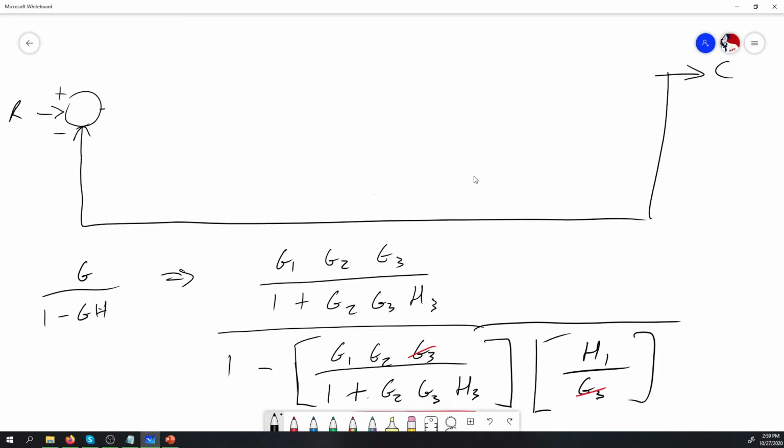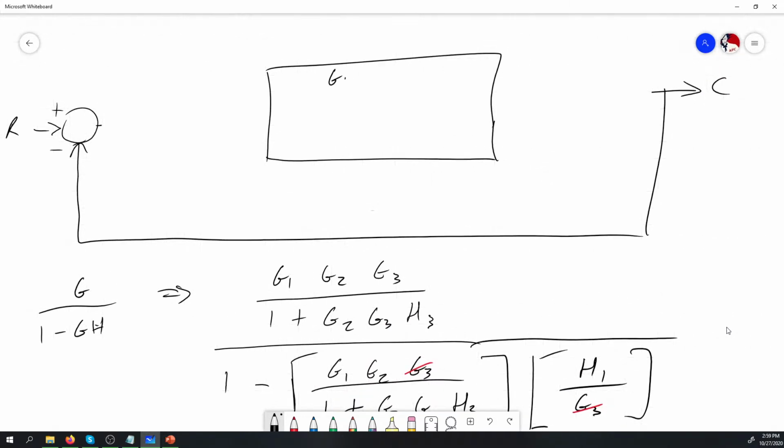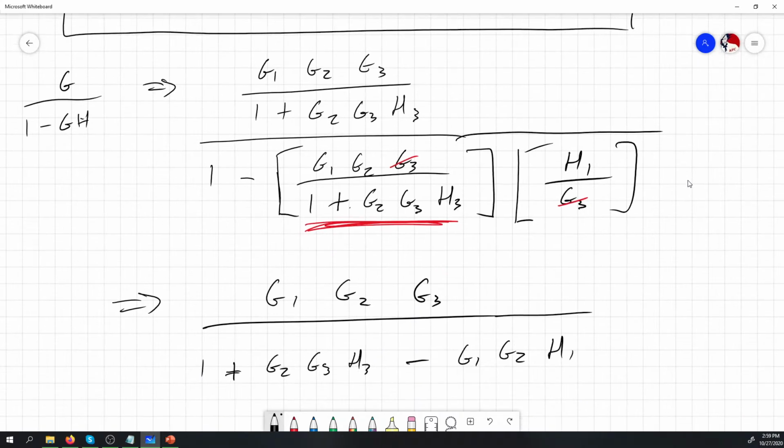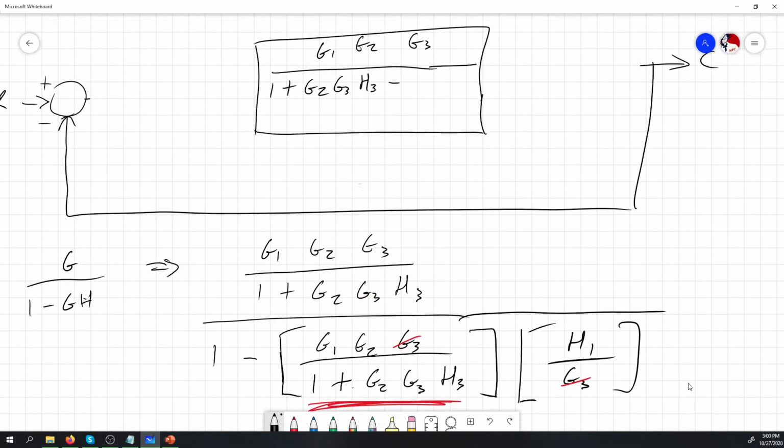Put in one huge block here representing our new summarized version, which is G1, G2, G3 divided by 1 plus G2, G3, H3 minus G1, G2, H1.